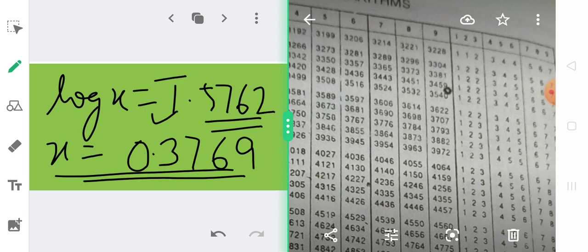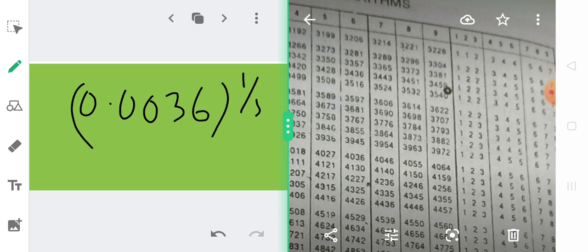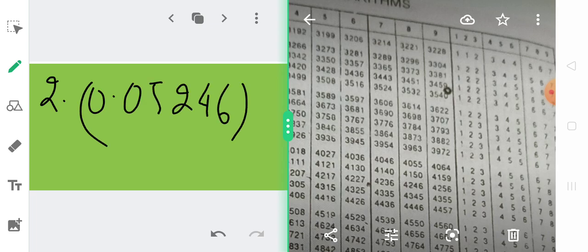Okay. So now there is a task for you. You will be finding out this one and then try to solve this one.